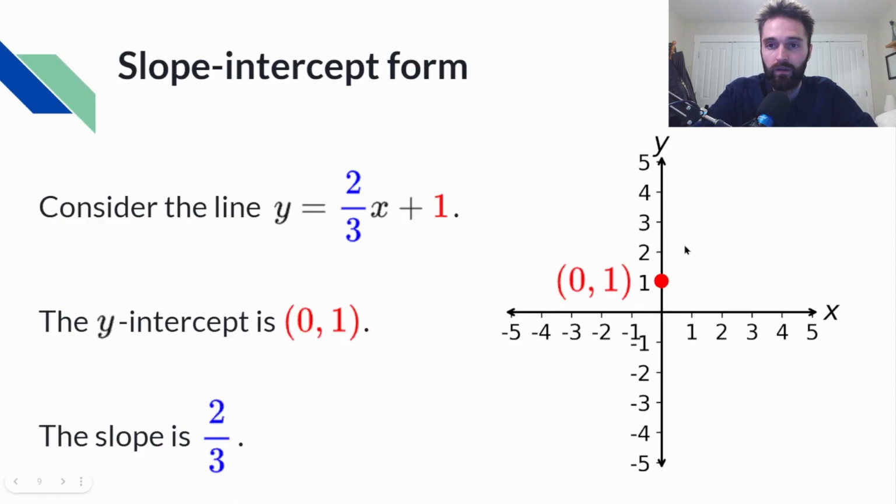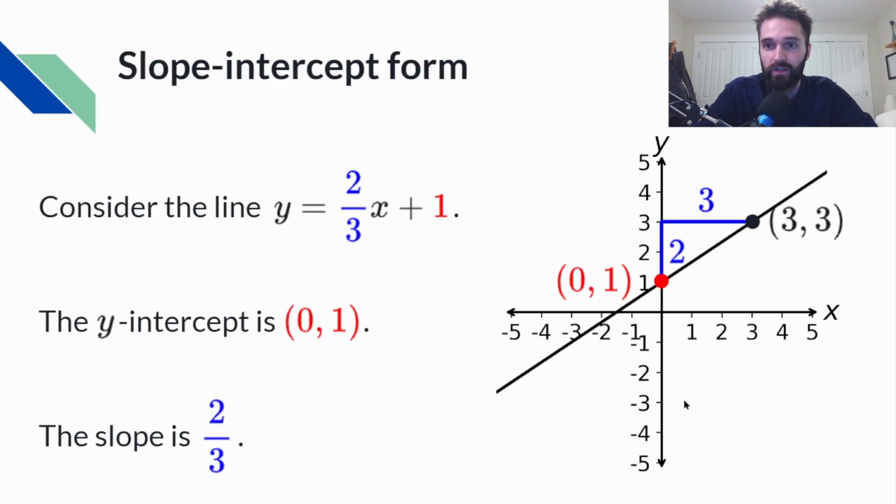So we'll go up 2 units, and we'll go to the right 3 units. That gives us another point on this line. We only need 2 points to draw a line. So this is what we have. The next thing I'm going to do is take this equation and replace the y with f of x.